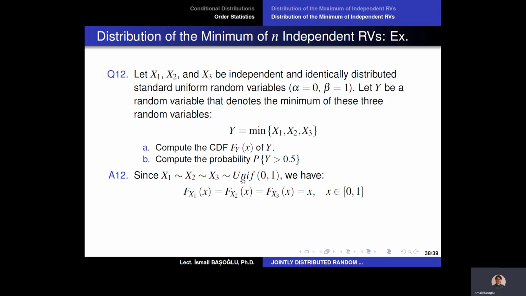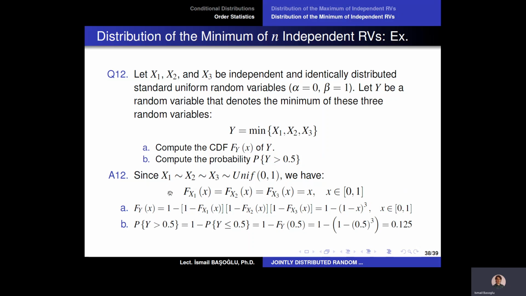Now, the minimum of these three random variables, y, has the cumulative distribution function equal to 1 minus the product of the tail functions. So we are subtracting the CDF from 1 for all of these three random variables, and the tail functions will be multiplied, which will bring us (1 minus x) to the power 3. And when we subtract (1 minus x) to the power 3 from 1, we are going to get the cumulative distribution function for y, that is, the minimum of these random variables.